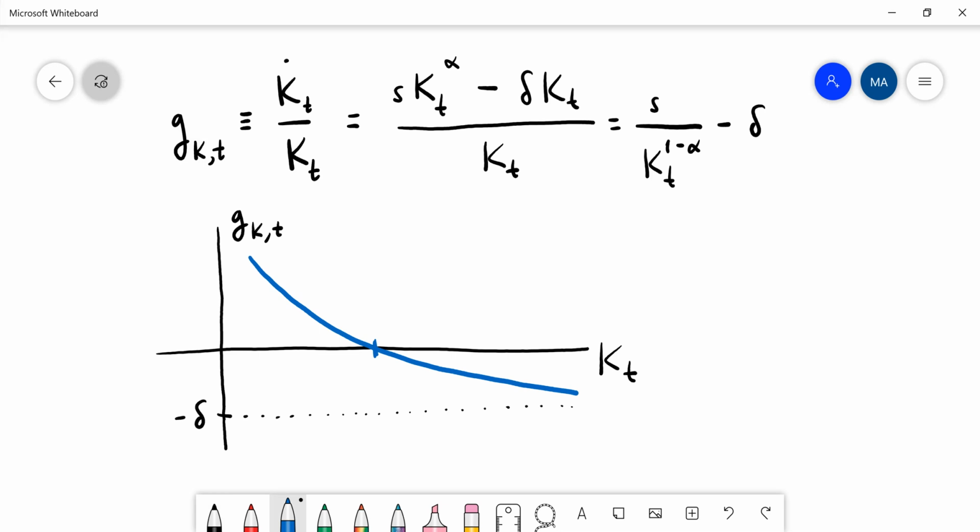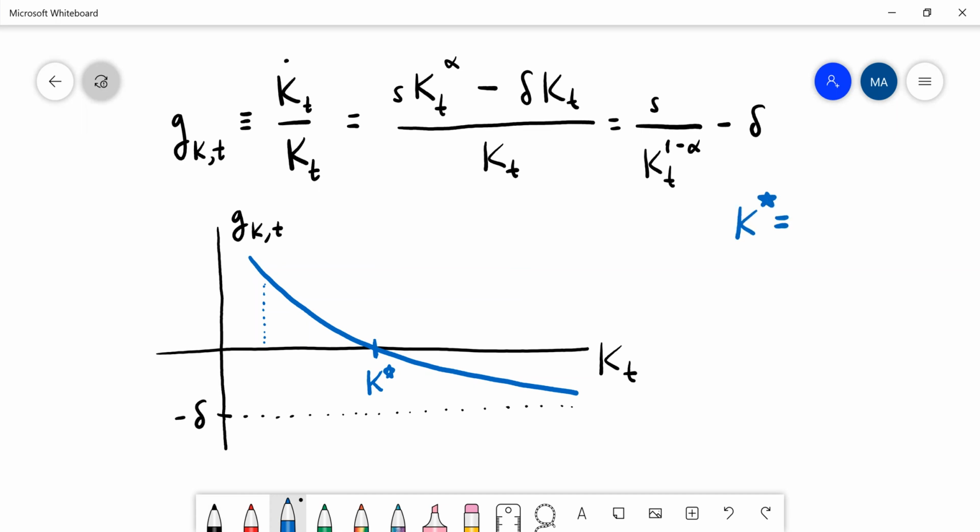But this just tells me that there is a point, as long as the initial capital stock is not that large, right? There is a point, again, that makes growth 0.